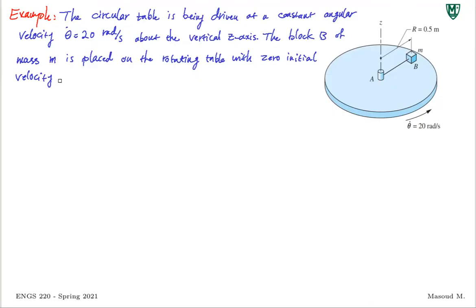Let's also add this part to it, with the string AB taut. That's it, taut. Now, here's what we're told.